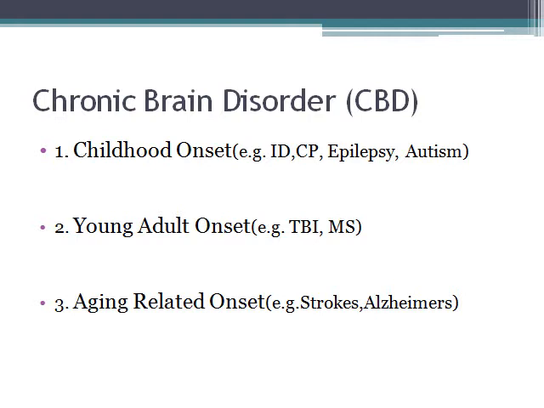There's the younger adult onset type, traumatic brain injury, multiple sclerosis, various types of head trauma which can occur in the young adult. And three is the aging-related onset of chronic brain disorder, for example, Alzheimer's and strokes. There are hundreds of different types of chronic brain disorders, but they generally fall into these three categories.